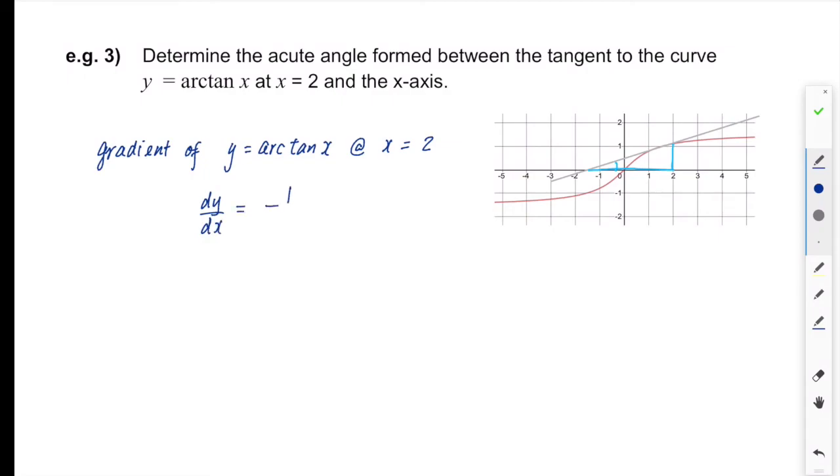And from your formula booklet, this is 1 over 1 plus x squared. Let's evaluate it. At x equals 2, this is 1 over 1 plus 2 squared, which is 1 over 5. So that means when you draw a right triangle, the rise is 1, the run is 5. Of course, this is not drawn to scale.